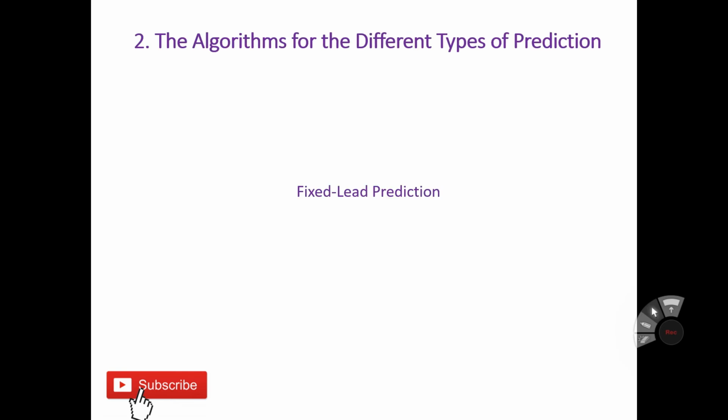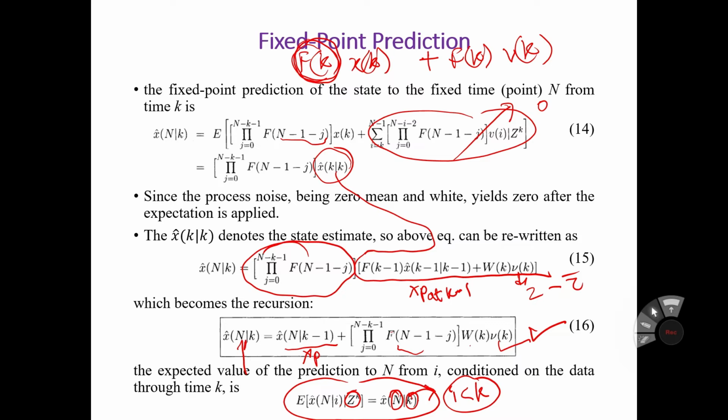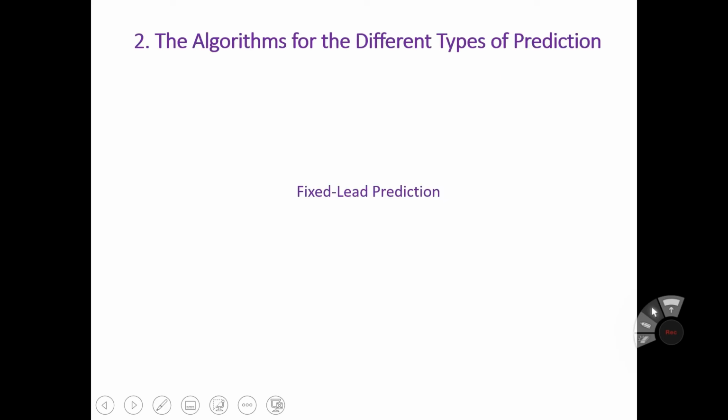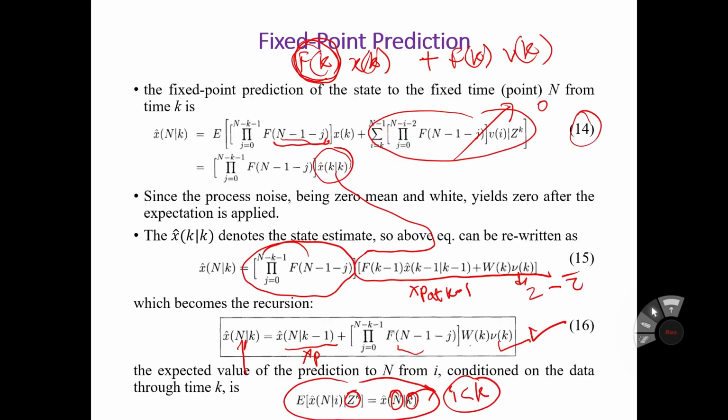Then the fixed lead prediction follows from the previous equation number 14, like this one. In this equation 14, you just have to replace this with the fixed lead prediction.